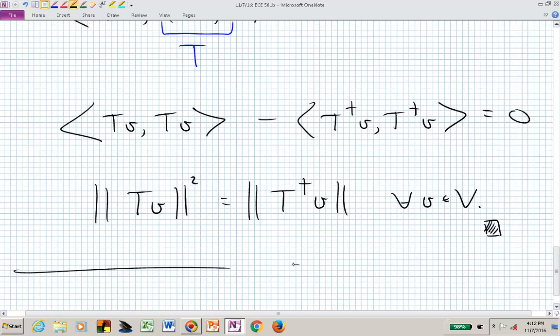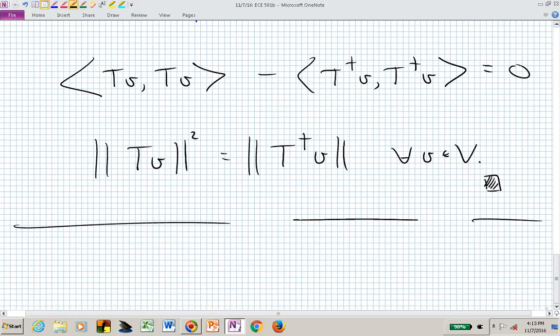And we were able to show that simply by relying on the fact that our operator T was normal. So the fact that T was normal allowed us to have equality between those two norms.